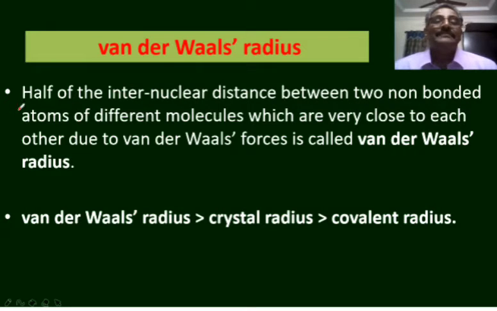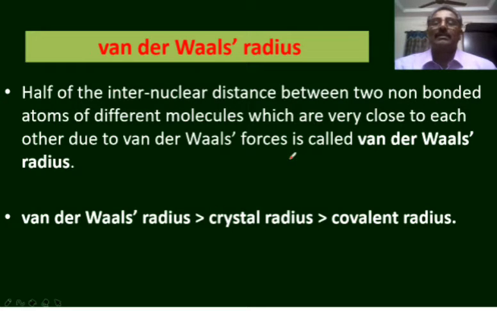whereas half of the internuclear distance between two atoms in a homogeneous diatomic molecule is defined as the covalent radius, whereas half of the internuclear distance between two non-bonded atoms of different molecules which are very close to each other due to van der Waals forces is called van der Waals radius.